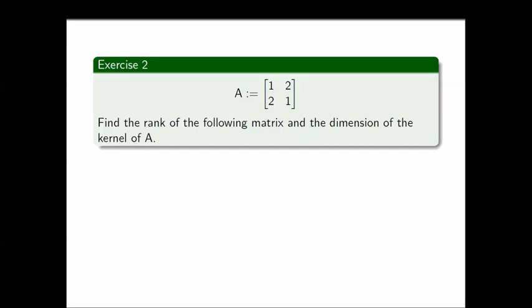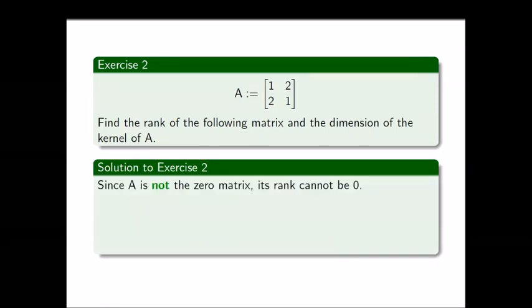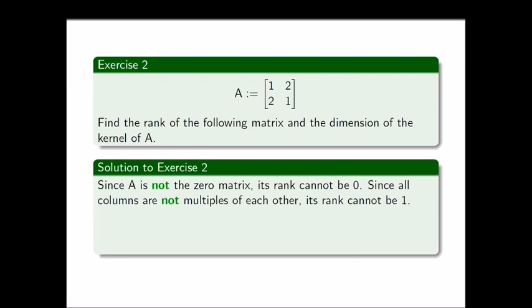So we're given a 2 by 2 matrix, and we want to find the rank of this matrix and then the dimension of the kernel as well. Because A is not the zero matrix, because there are non-zero entries in there, its rank cannot be 0. And because the columns are not multiples of each other, its rank cannot be 1, right?